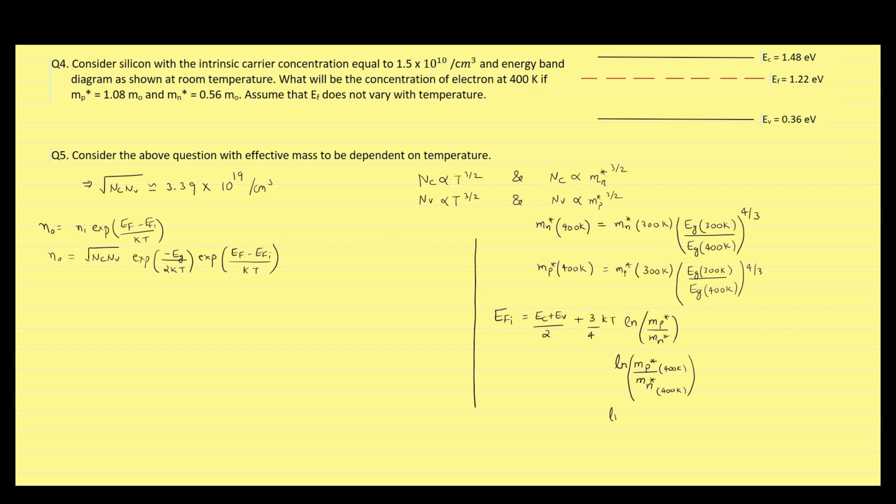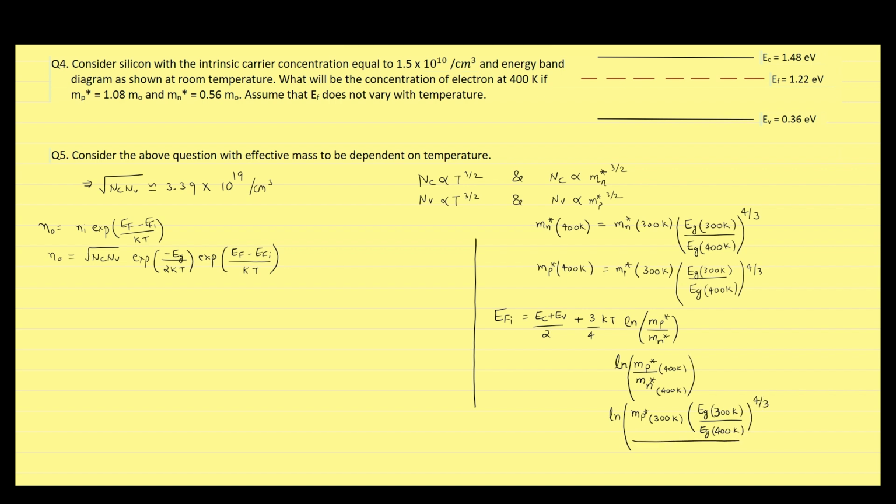And as we have just found, the effective mass of hole at 400 Kelvin can be written as the effective mass of hole at 300 Kelvin multiplied by band gap energy at 300 Kelvin divided by band gap energy at 400 Kelvin raised to the power 4 by 3.